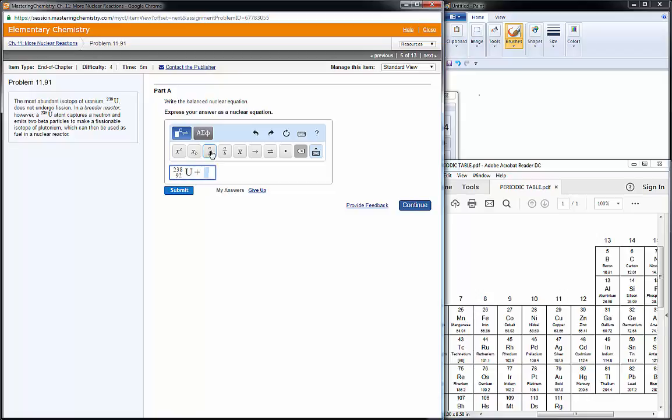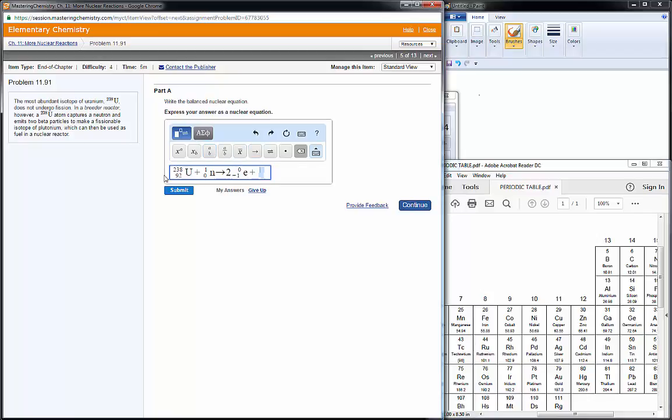Neutrons, 1 mass, 0 nuclear charge, go to form 2 beta particles, and beta particles are electrons. They have a mass of 0 and a charge of -1, and says a fissionable isotope of plutonium.